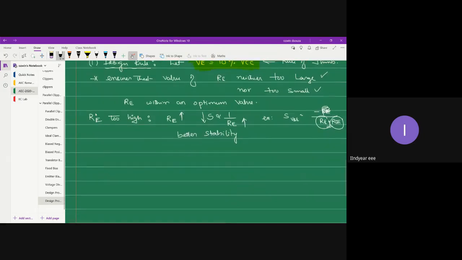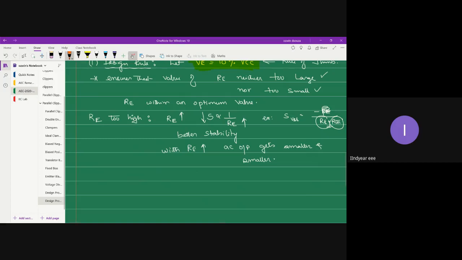So with the highest value of RE, you can expect better stability. But on the other hand, with the increment in RE, your AC output gets smaller and smaller.